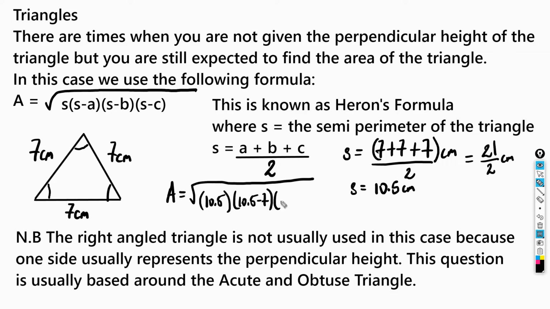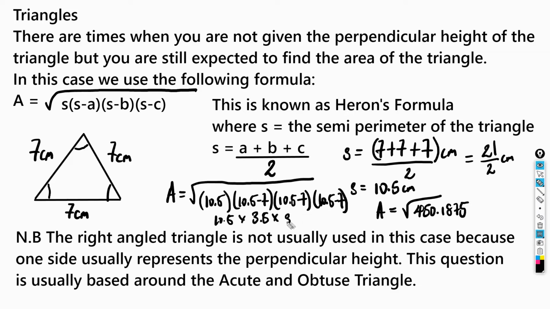And this would also be the same thing because the sides are the same in this example. 10.5 minus 7 again times 10.5 minus 7. So we would end up with the area being the square root of 450.1875, which would actually be 10.5 multiplied by 3.5 multiplied by 3.5 multiplied by 3.5.